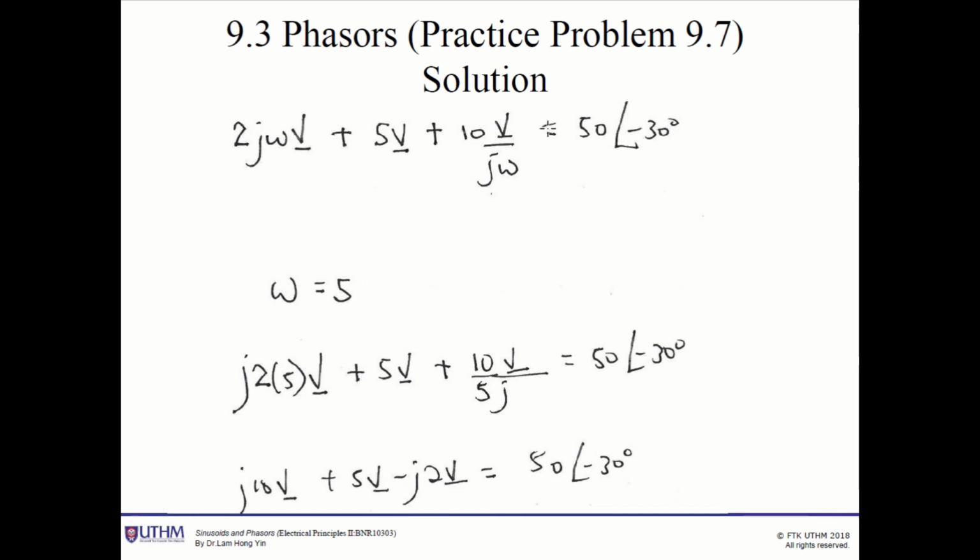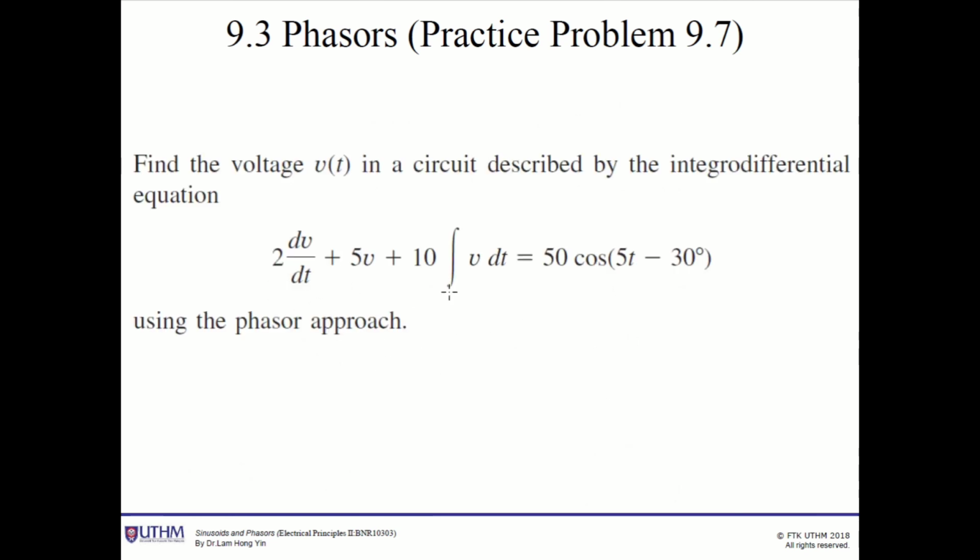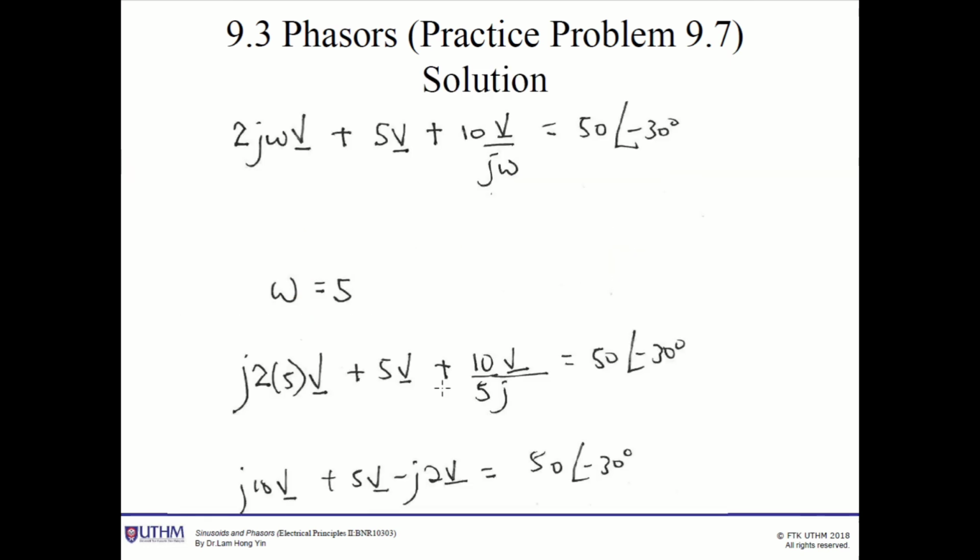From here, you change it to phasor representation, including the time domain representation on the right side. So you will get this equation, and ω you get from this value over here.